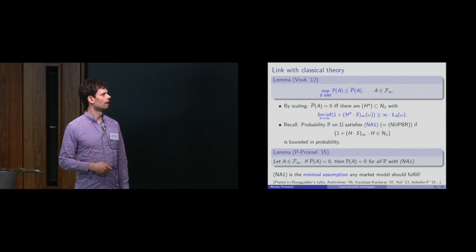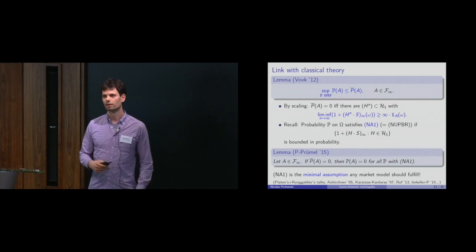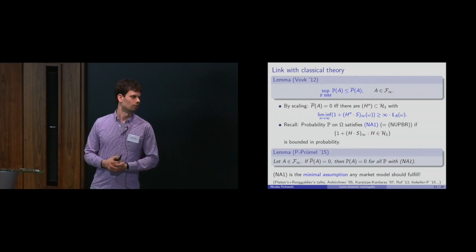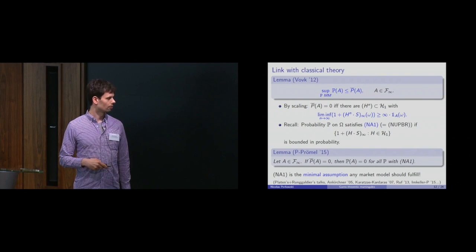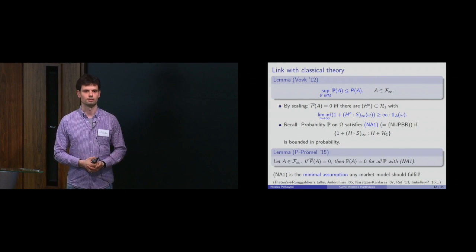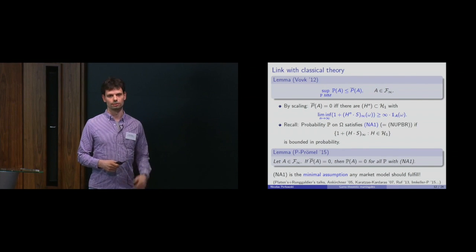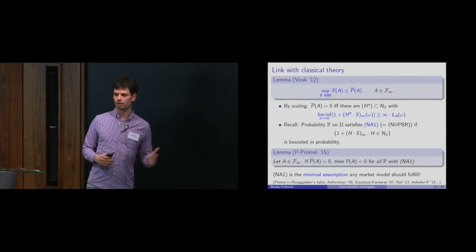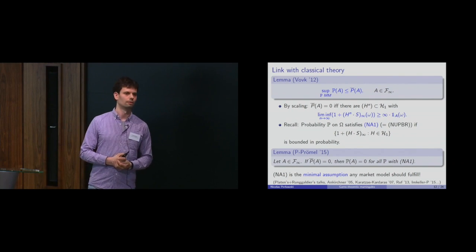If you compare these two, bounded in probability, and here the lim inf should be infinite, you can believe, and it's not hard to show, that if you have a measurable set that has outer measure 0, then whenever you take a measure that satisfies NUPBR, it assigns also probability 0 to this set. So what we do here under this P bar is quasi-sure analysis for all these NA1 measures.